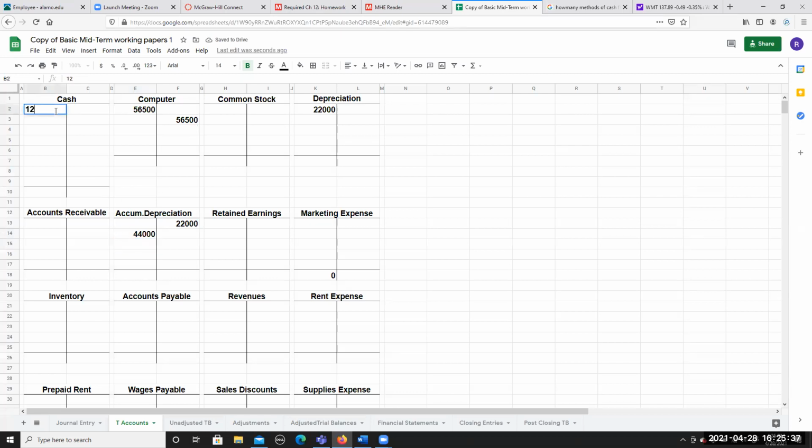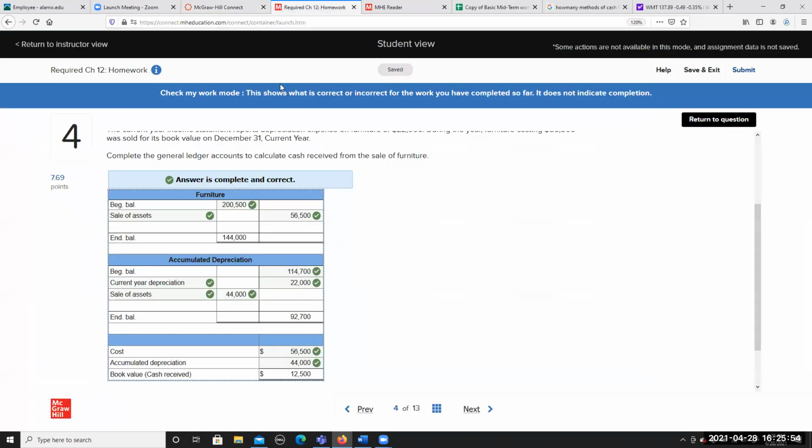So then it has to match 12.5, right? This plus this then has to match 44, 54, 56.5. You see how they match? Debit, debit, now match that one credit. Okay? All right. So always use T accounts when you get stuck.